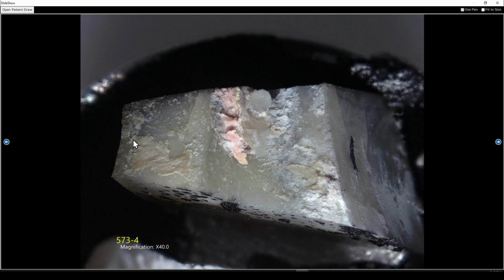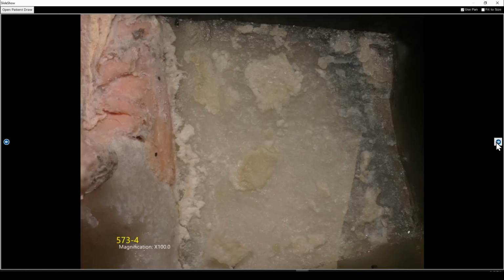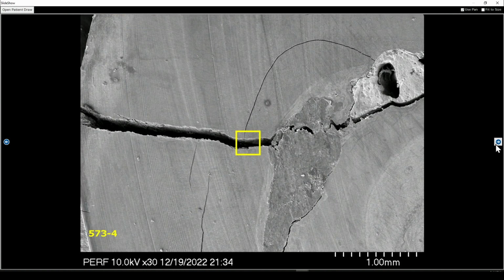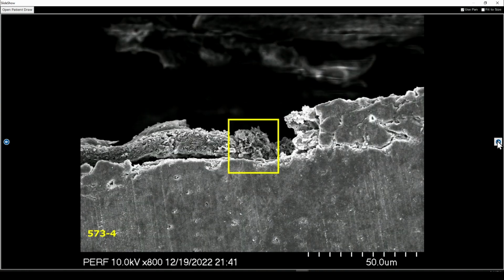So these are pictures of the split section, and you can see it almost looks like plaque along the fracture line there. And we subjected that to some electron microscopy and looked at it very closely because obviously this was a biofilm that had been present for quite some time and is useful for understanding what biofilms look like after they've been present for a long time.